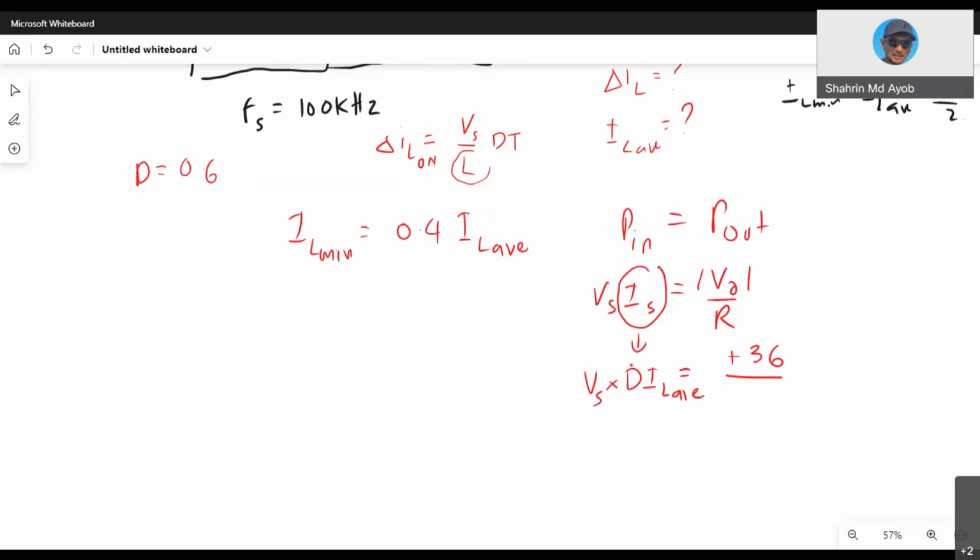And the duty cycle is 0.6. And Vs is 24. So from that, you can calculate your IL average.